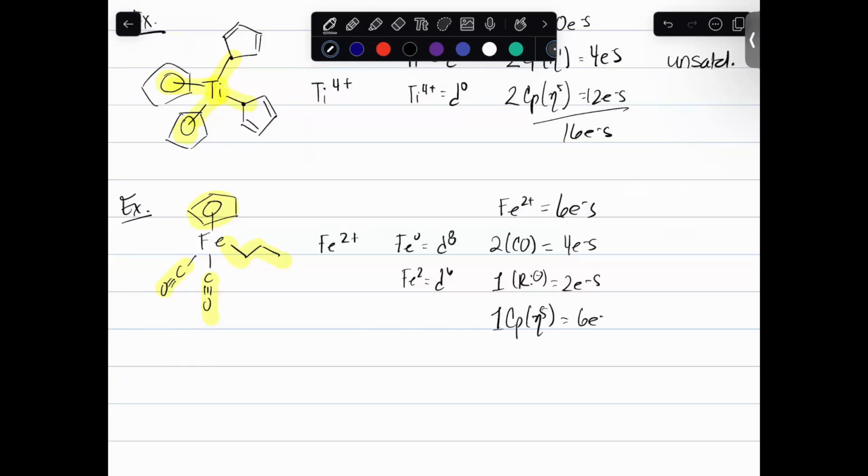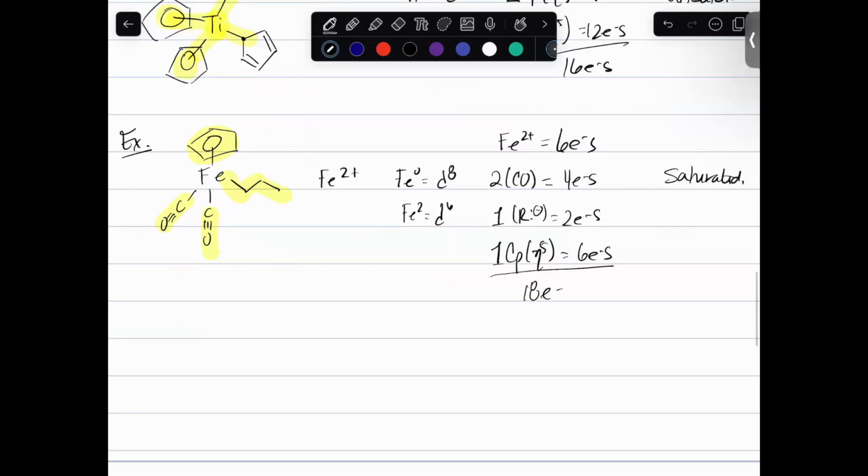There are 6 electrons. And in this case, the total electron count is 18 electrons, and it is saturated. Okay. I'll just do a couple more.